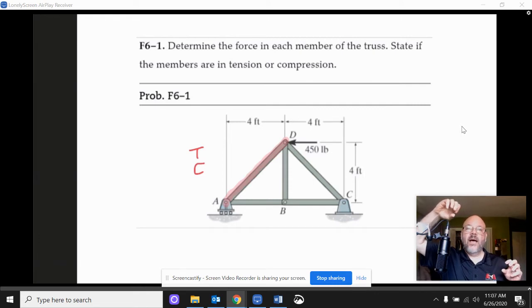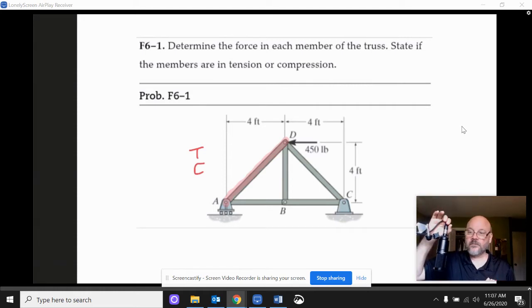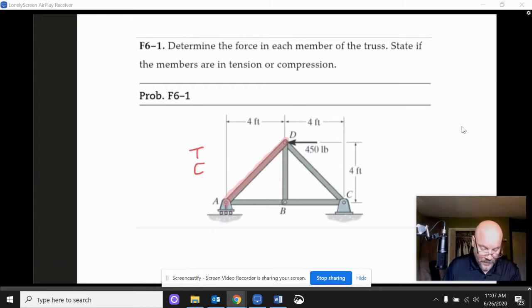Now let's flip our perspective. What does a stretched spring do? A stretched spring pulls in opposite directions. So let's color code this. If it was under tension, then up here at the top it's going to be pulling down, and here at the bottom it's going to be pulling up.